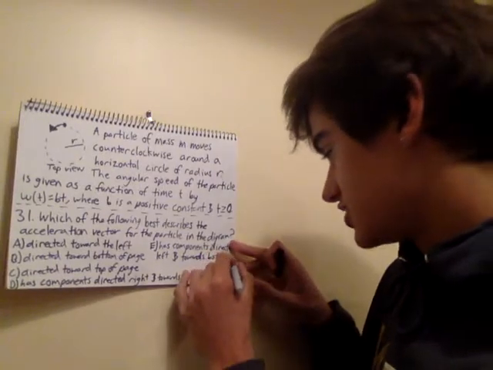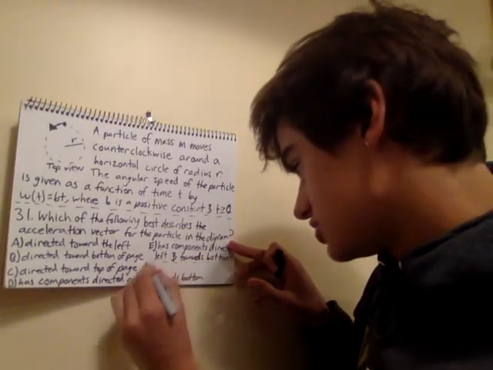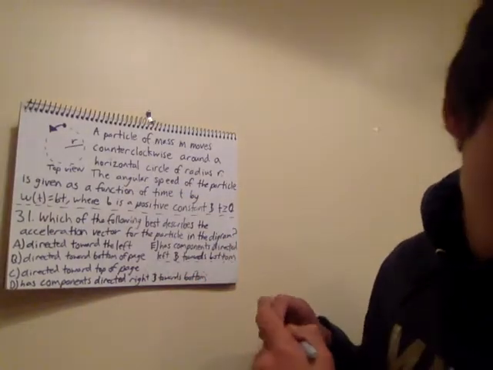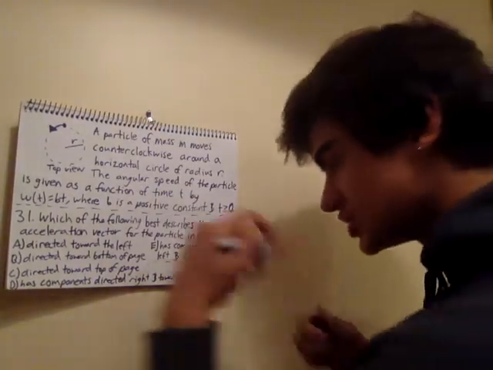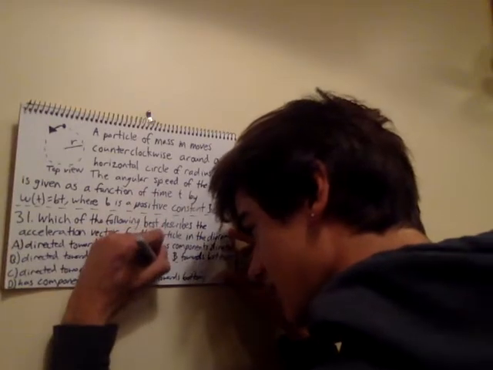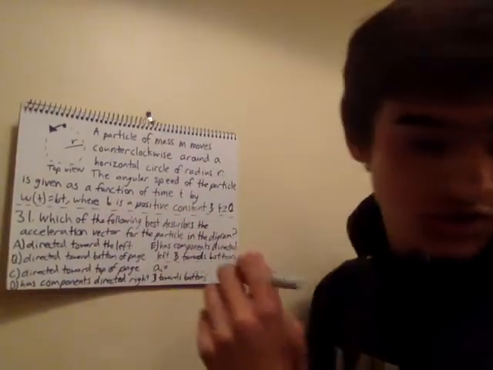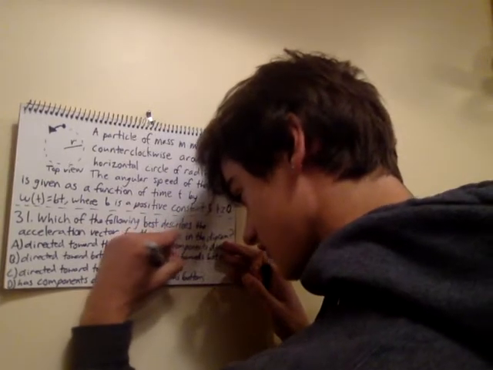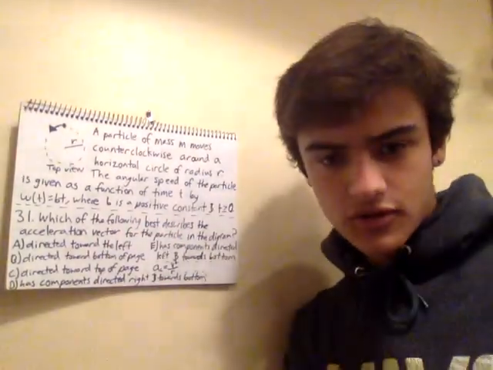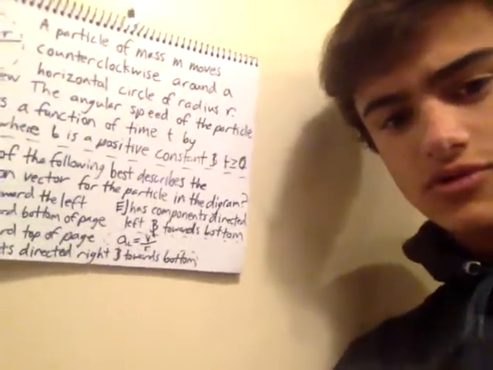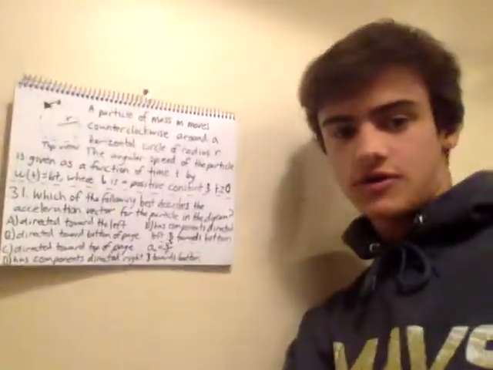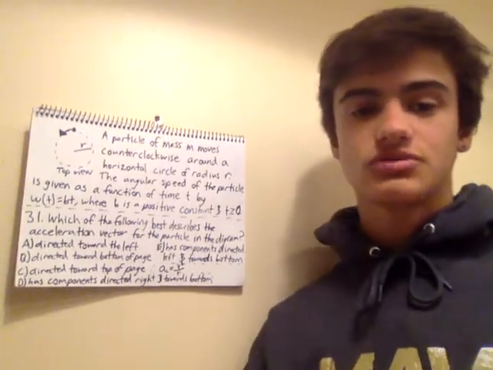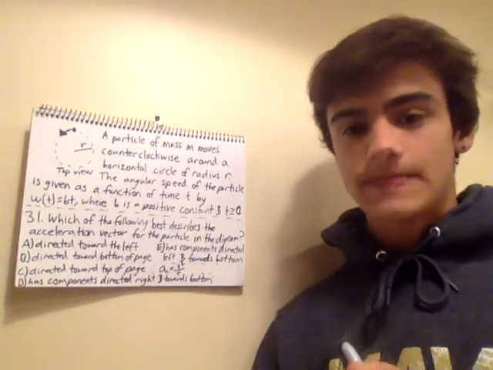I have no space left on this paper, but I'm going to draw a little zone and write the equations for these. So centripetal acceleration, a centripetal, is equal to v squared over r. And as such, centripetal force, remember, force is equal to mass times acceleration, Newton's second law.